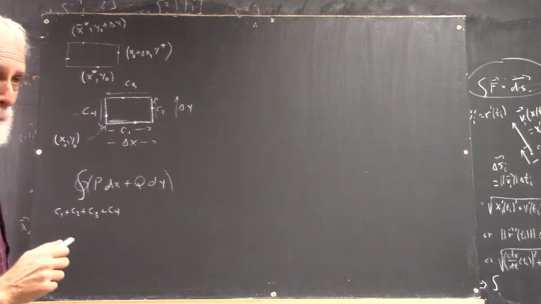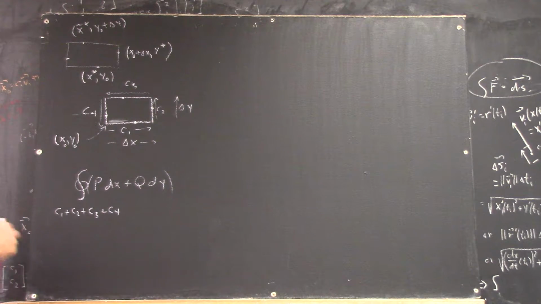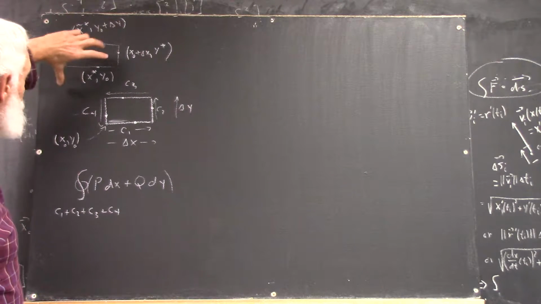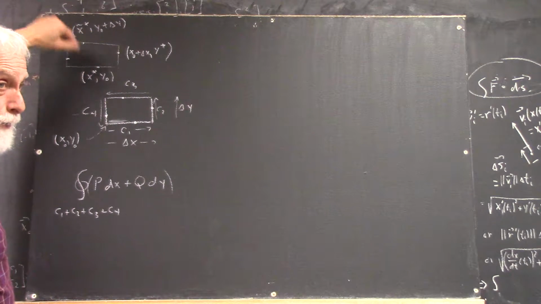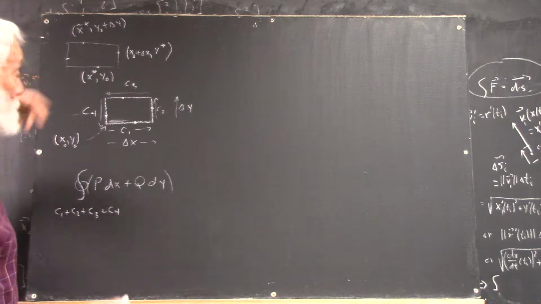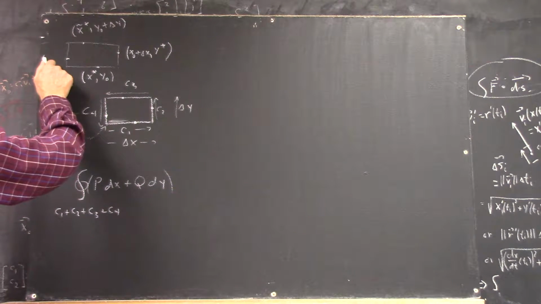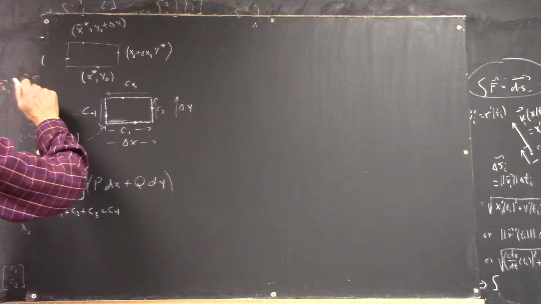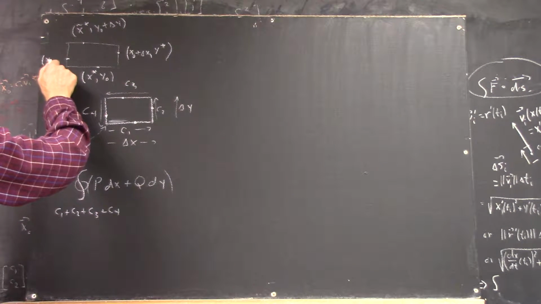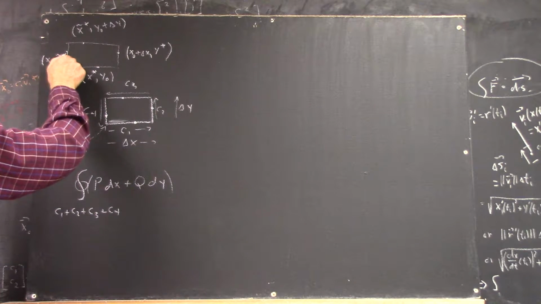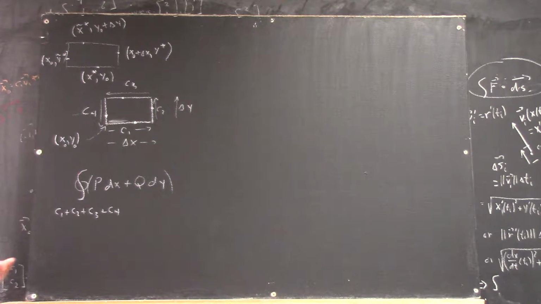I'll just use a tilde. It's a little more general, but it wouldn't hurt to have used x star up here. Because as delta x approaches 0, it really doesn't matter where you are, right? Okay, but over here then we're going to have x naught, y tilde star. Okay? That make sense?